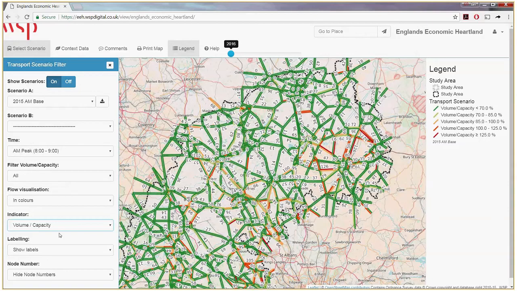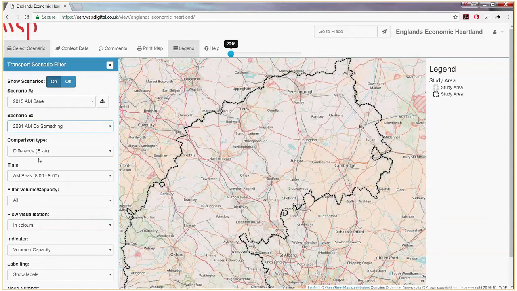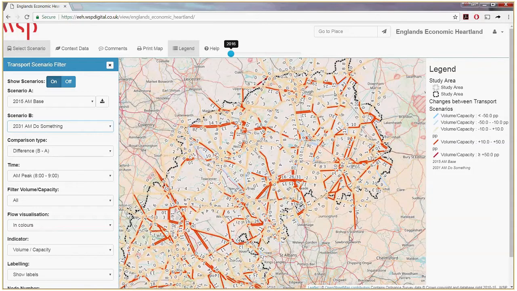So here we've got volume over capacity, which is a measure of the stress on the network, so likely congestion, and it's picking out those areas that are most heavily congested in the current day. The system allows you to compare two different scenarios. So if we pick a second scenario, we'll then be shown the differences between the two.